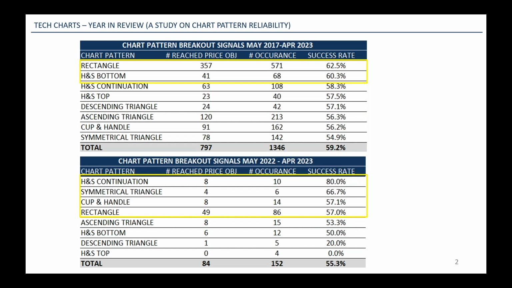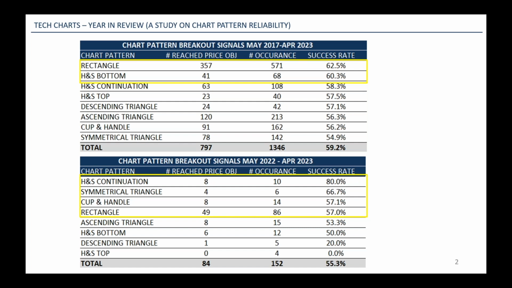Now, if you look at the following table at the bottom, this is the last 1 year's success rates for the classical chart patterns that we've been analyzing. So May 2022 till April 2023. So April's data is included in this. So the last day of April is in this table.